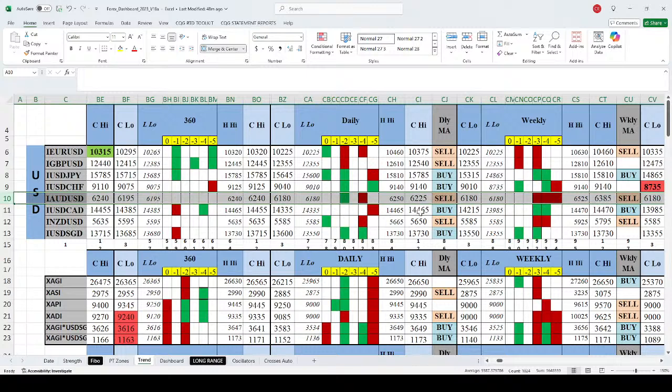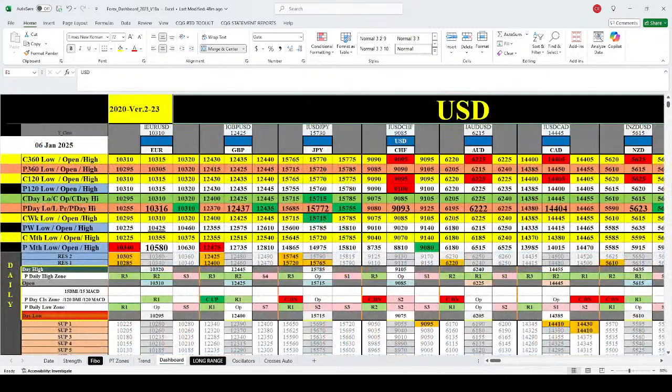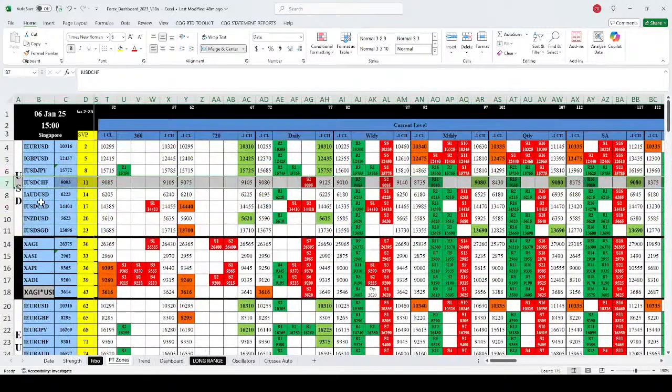That means we have to exit before 63.85, which is the weekly, your previous week high. So cautious buy, and I'm not sure about cautious sell, but if I'm going to sell, I should be selling near 63.85. Let's see what the PT zones are giving us.